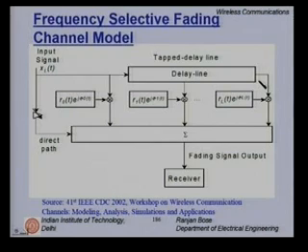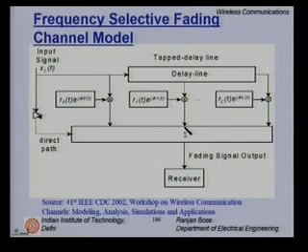What happens for the various multipaths? We introduce a delay term, which will result in a phase shift and an amplitude multiplicative factor. So, we take this first version and multiply it with R0 of t e raised to j phi of t.